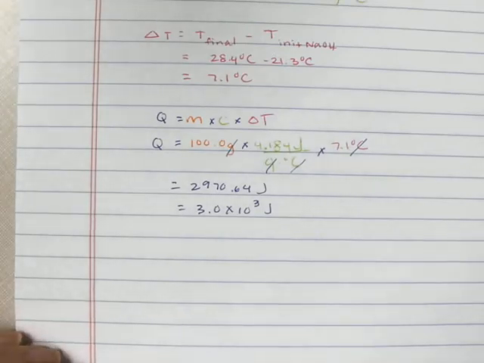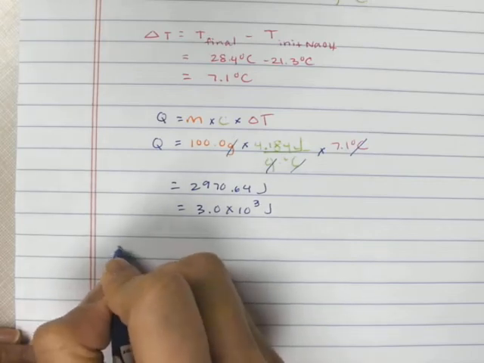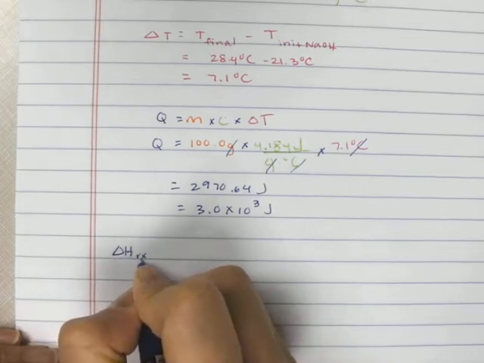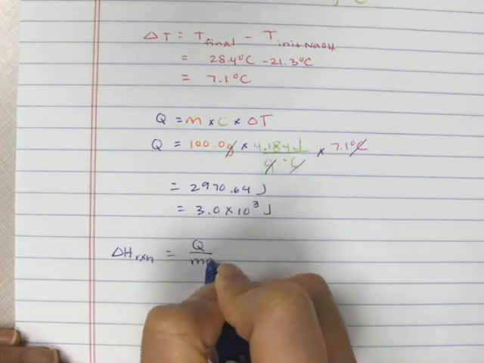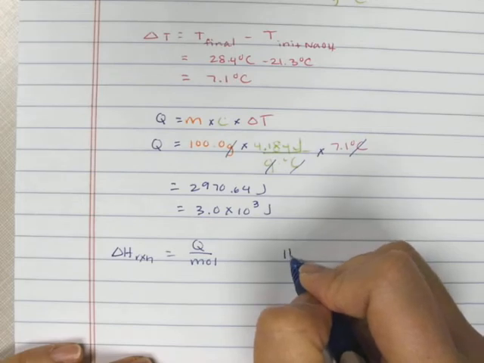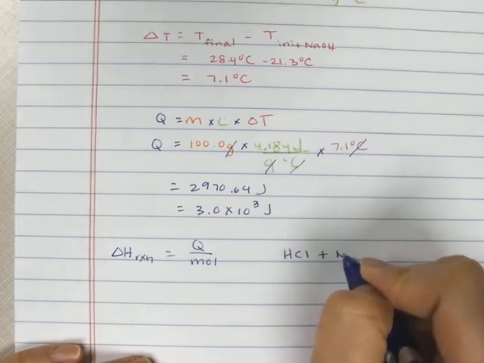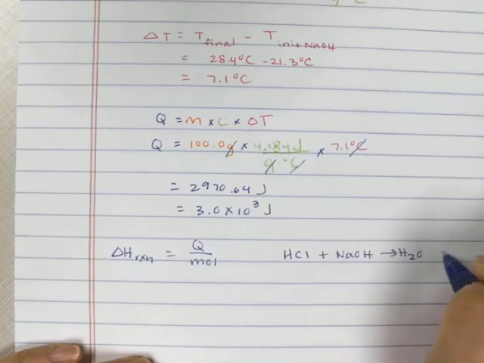Okay, and to calculate delta H reaction, you have delta H reaction equals Q over the number of moles. Okay, so your reaction that you did was HCl plus NaOH gives H2O plus NaCl.